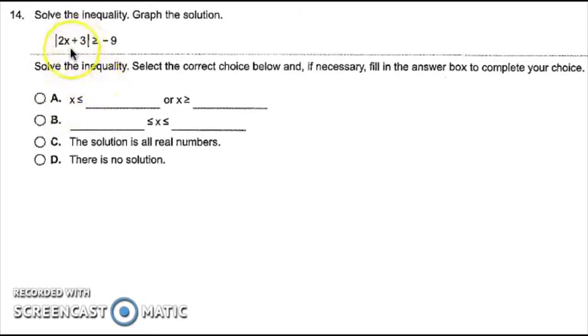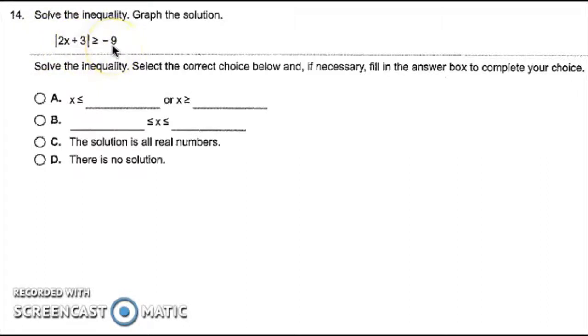Number 14, it says solve the inequality. Now this is an absolute value inequality, and it says this is greater than or equal to negative 9. Now thinking logically for a minute, it's saying the absolute value of something will be greater than or equal to negative 9. We know the absolute value of a number is always positive, and a positive number is always greater than or equal to negative 9.